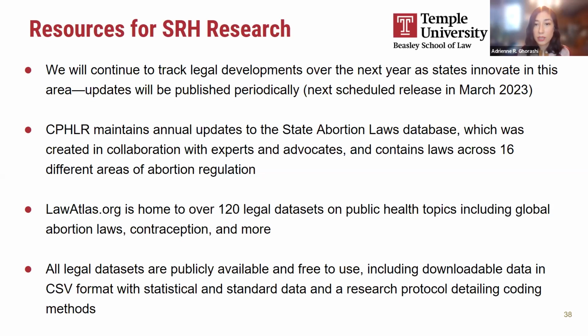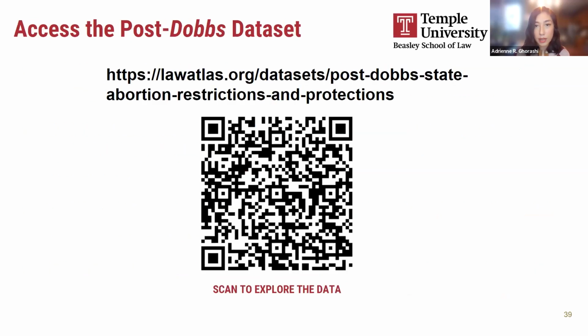This really is a resource that allowed us to move so quickly to then create the post-Dobbs data set, because we had seen for years the different legal pressure points and issues that were going to become even more relevant if Roe was overturned. And if you're interested in accessing the data set, feel free to look at that. As I mentioned, our next update with expanded variables will be coming out early next month.